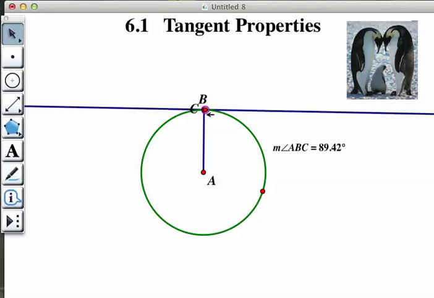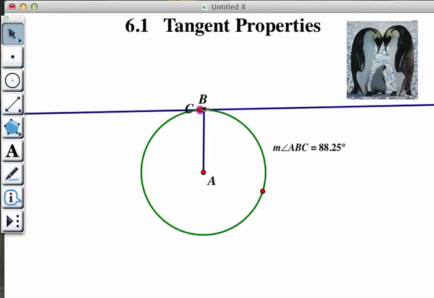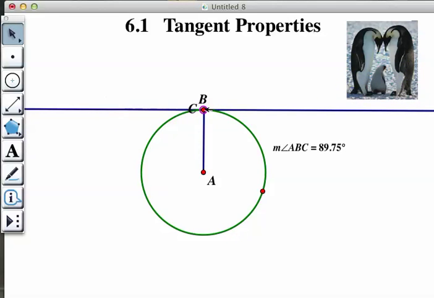So my first property that I can know about a tangent line is that a tangent line is perpendicular to the radius through the point of tangency, or the radius from the point of tangency. So what do I mean by that? Here's a radius, AB, and now that I've made line J tangent, point B is the point of tangency.